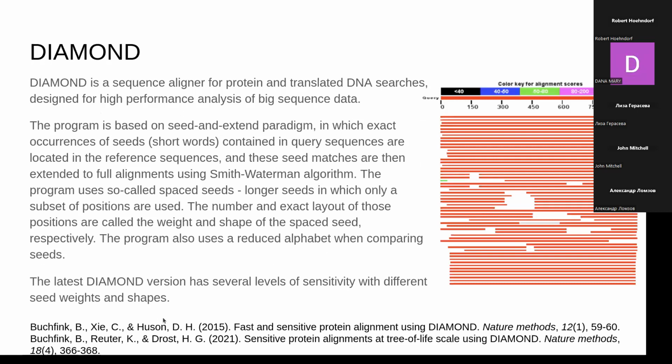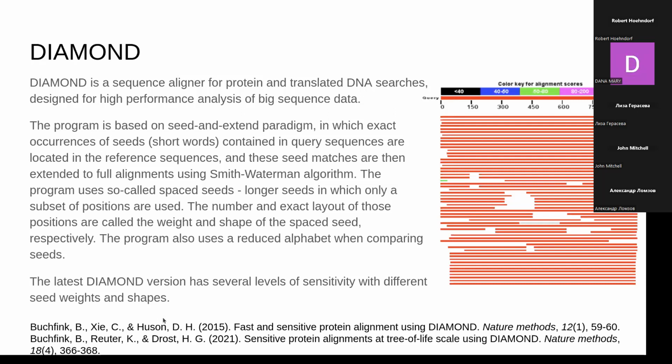There are some features in the Diamond program that make it more effective and fast, such as so-called spaced seeds, which use longer words in which only some of the letters are known, and a reduced alphabet.